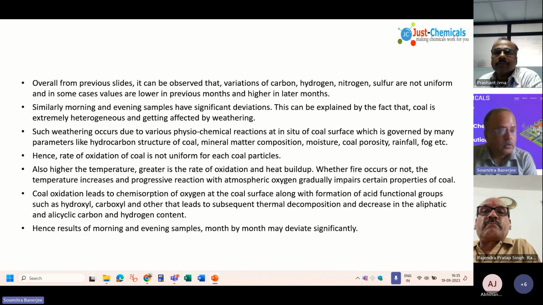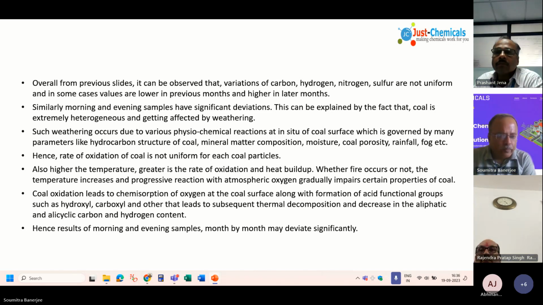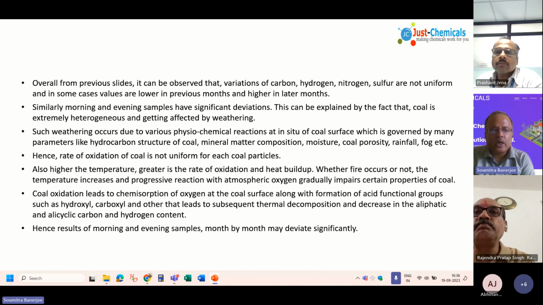Coal oxidation leads to chemi-adsorption of oxygen. See, even in the voids, if you have kept the coal at a very high pressure in a heap, which I'm going to show you, how the heaps are formed, that still absorbs the oxygen from the voids, whatever oxygen is available, and it starts the formation of acid functional groups such as hydroxyl, carboxyl, and others.